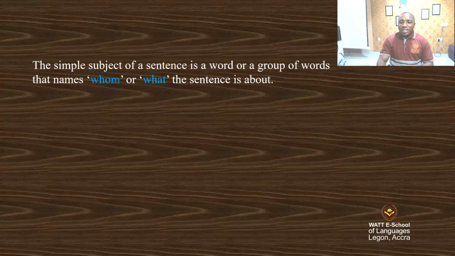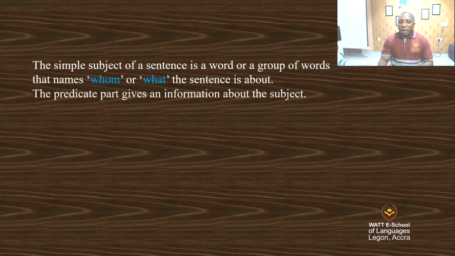Kofi is a boy. So the sentence is about who? About Kofi. The table is new. The sentence is about what? About the table.